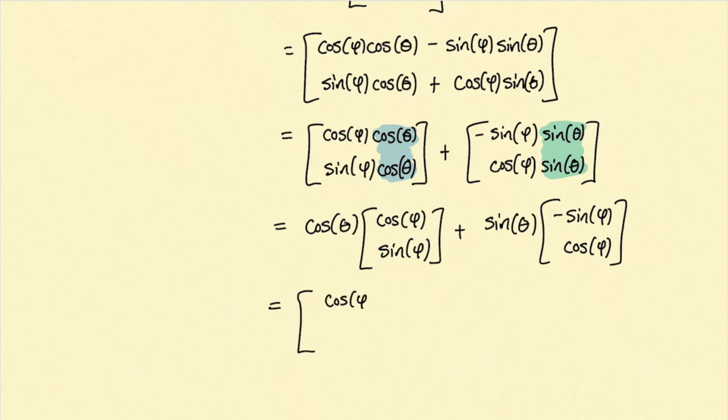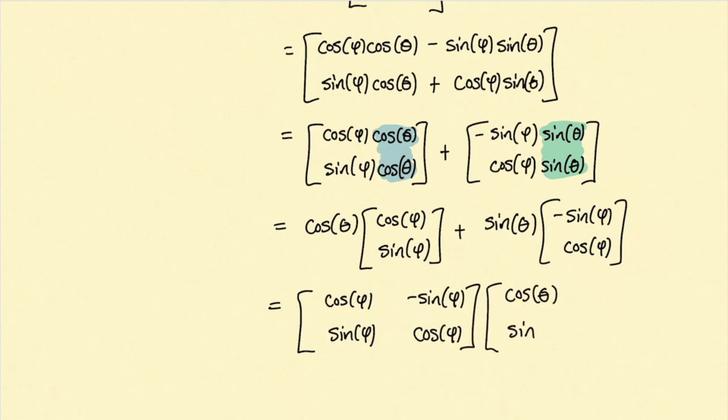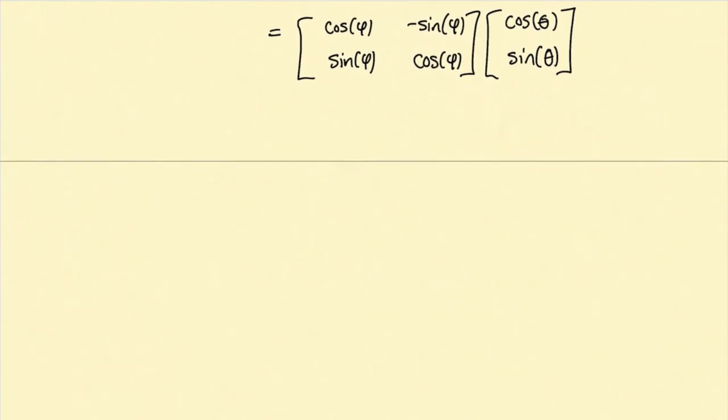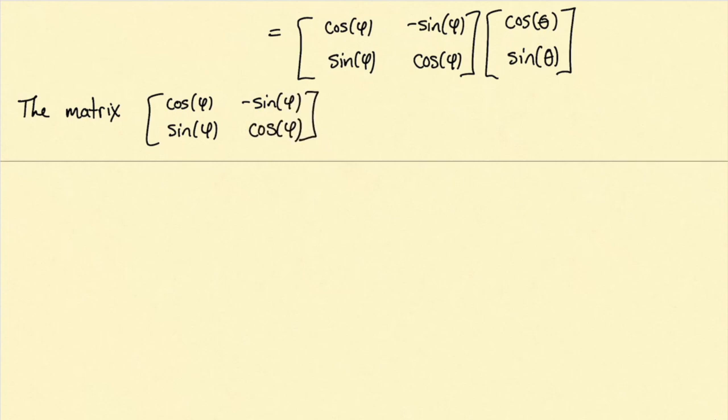Now, if we think about these two vectors as the columns of a matrix, we end up with a matrix vector product. We recognize the vector on the right is exactly the vector u that we started with. So we've identified a matrix whose columns are cosine phi, sine phi and minus sine phi, cosine phi, which we'll call T for the time being, which takes a two-dimensional vector and maps it to a two-dimensional vector.